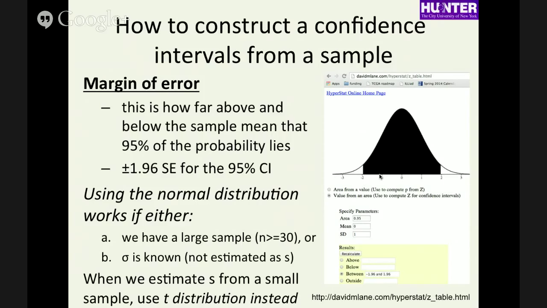And when you have a small sample that you estimate the standard deviation from, that's when we're going to get into the t-distribution next class. But I didn't want to cloud your heads with additional concepts today. Just focus on the main concept of estimating an interval from a sample.